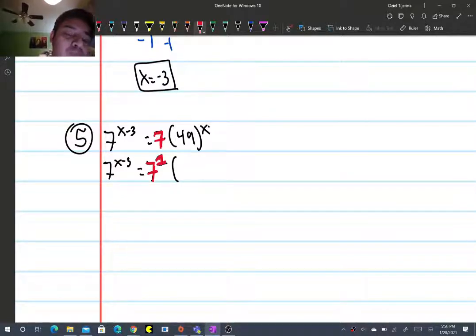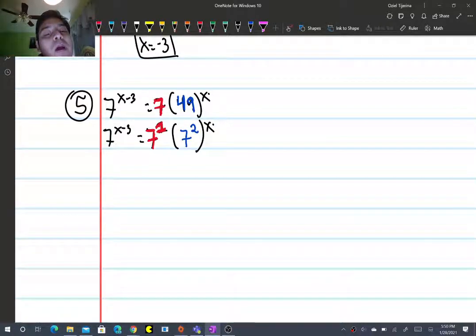Our 49, we're going to put as 7 squared, because 7 times 7 is 49. So we're going to do that, 7 squared, and then put it to the x.